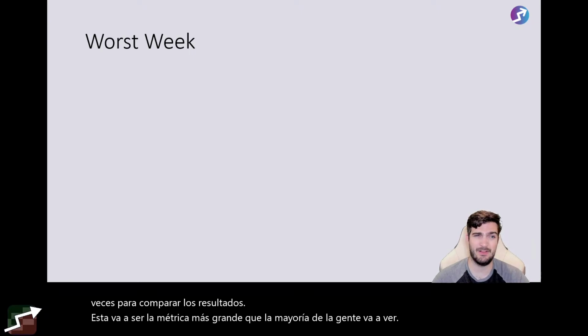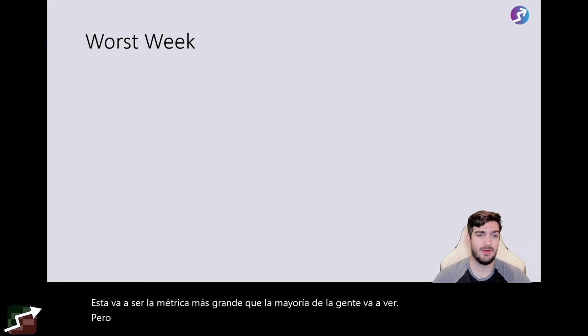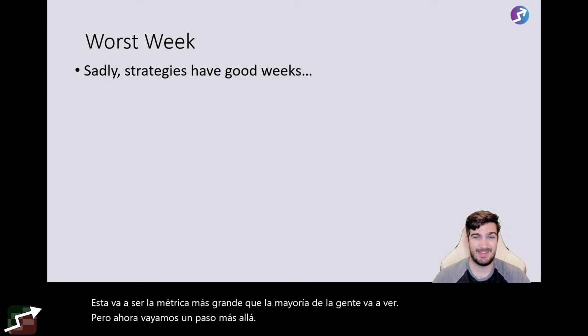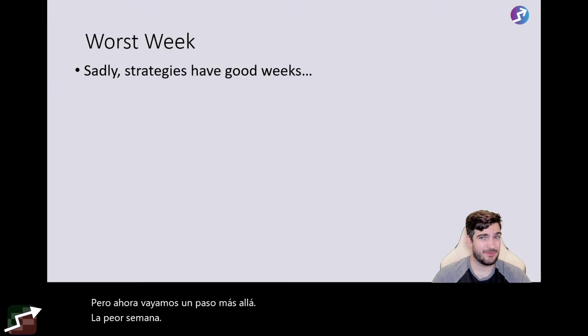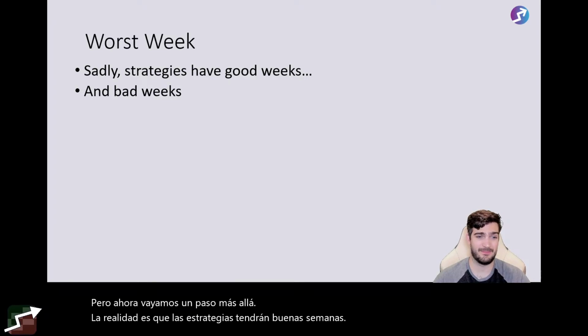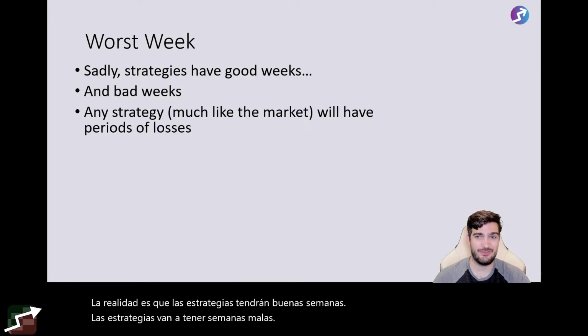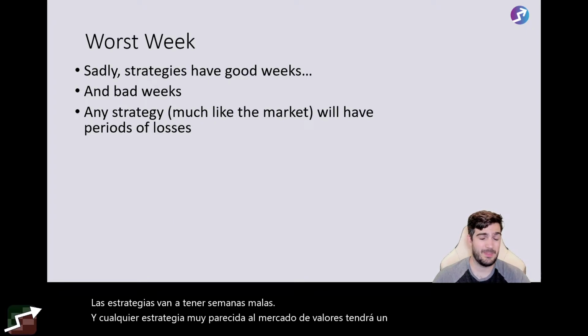But now let's go one step further. Worst week. The reality is, strategies will have good weeks. Strategies are going to have bad weeks. And any strategy, much like the stock market, will have a period of losses. That is inevitable.